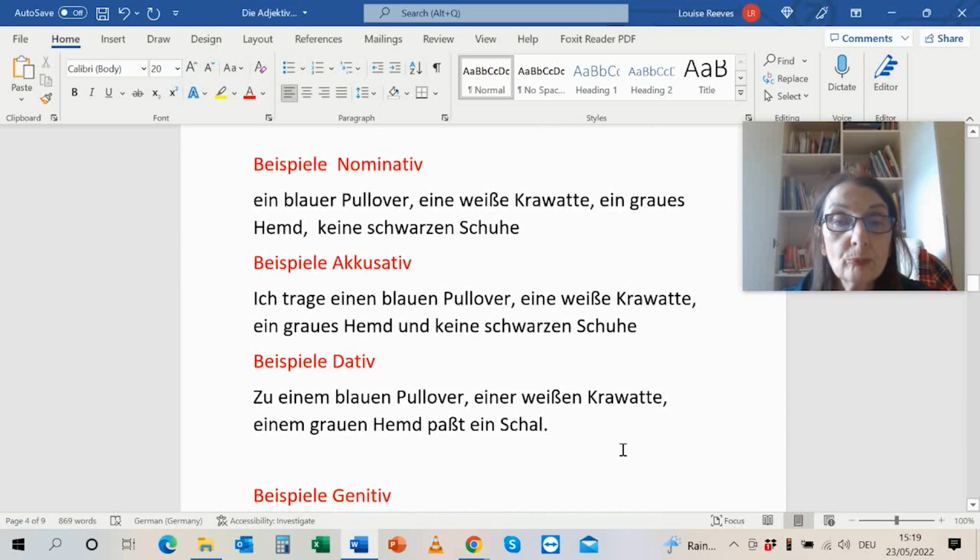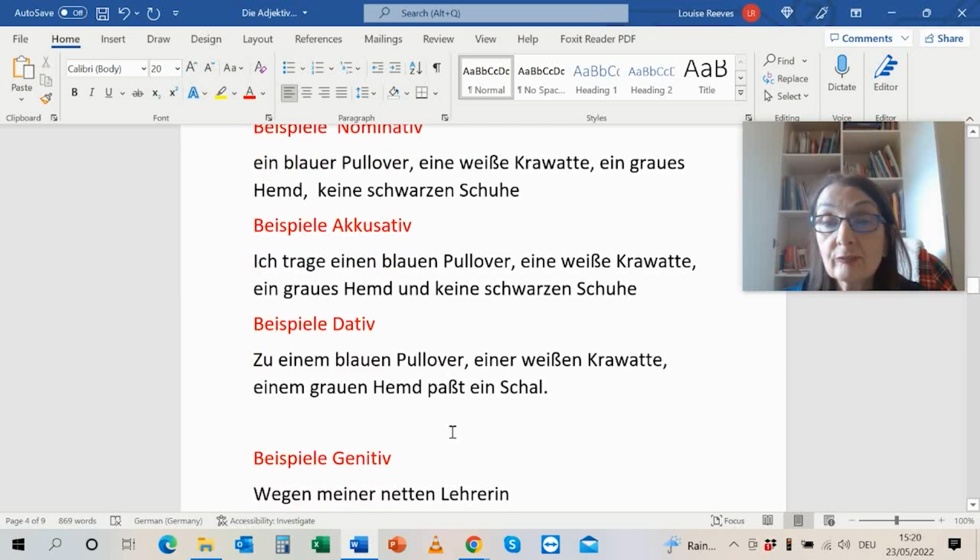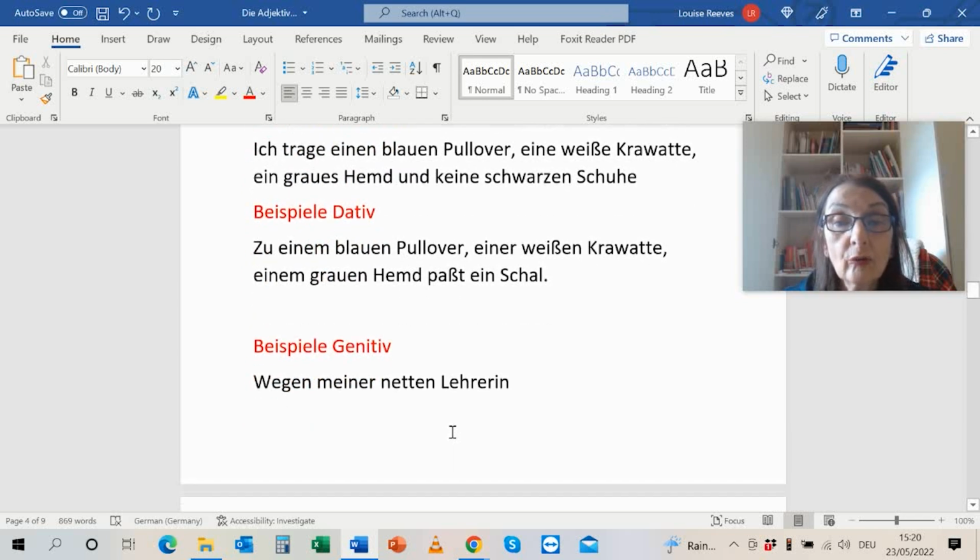And then the Beispiele Dativ, again always ending en. Zu einem blauen Pullover, einer weißen Krawatte, einem grauen Hemd passt ein Schal. So you can see the dative always ends in en, and you can see also that the genitive will also end in en.